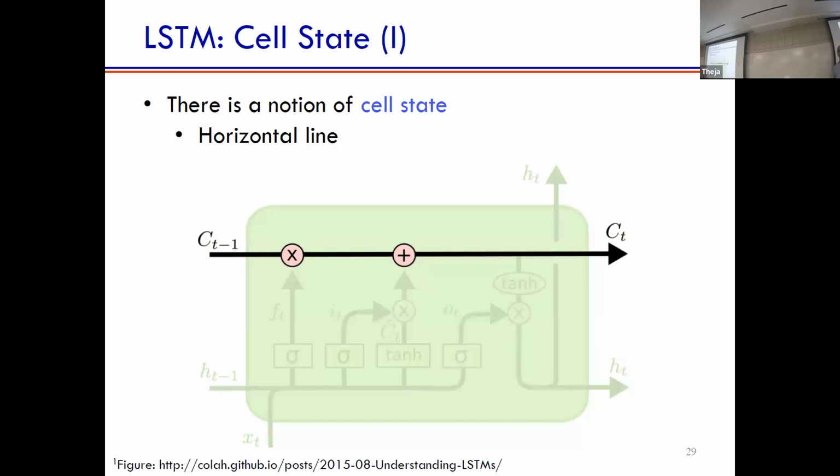It seems like pretty restrictive computation, but it's not. Let's say I do element-wise multiplication with all zeros, then whatever C_{t-1} was is all gone. And if I now do addition, I've fully refreshed the vector. It's a completely new vector. So it's not restrictive at all.